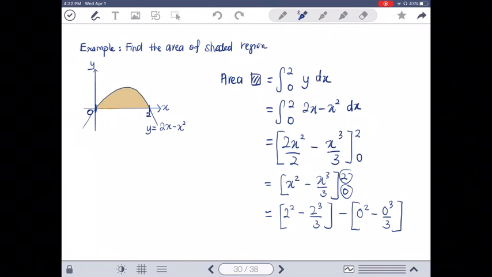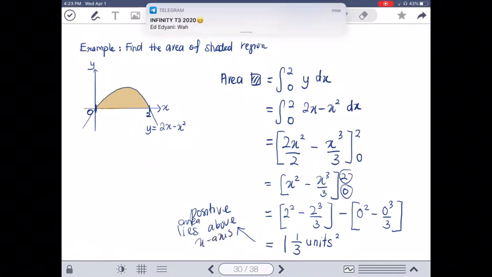If you press your calculator, you should get 4 over 3 units squared. And obviously it's positive because the area lies above the x-axis.